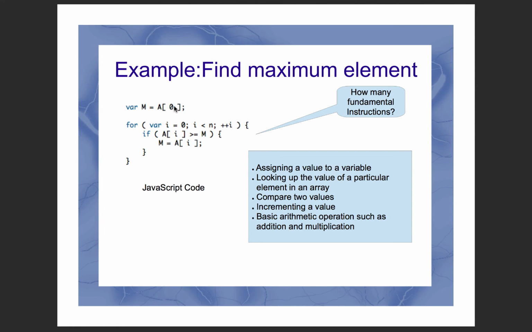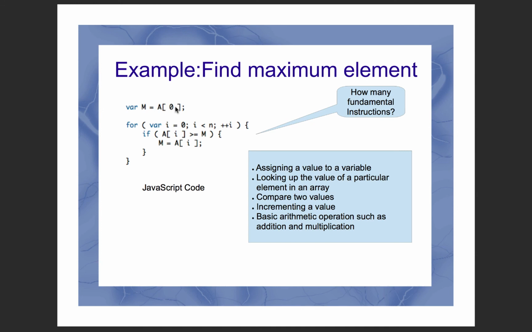The first instruction is looking for a value at index zero. You can see it is looking up the value of a particular element in an array. This is one instruction. After finding that value, we are assigning it to m. So this is another instruction. This statement basically has two instructions. So what are the two instructions?